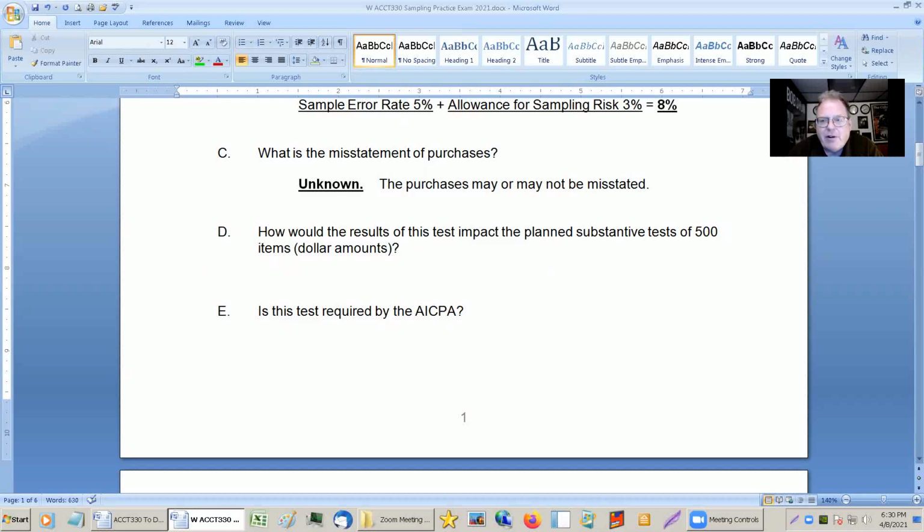So we plan to take 500 items. We find out we can't rely on the internal controls. I'll give you three choices. We could take fewer items, we could take the same amount of items, or we could take more items. So we could take fewer than 500, we could take 500, or we could take more than 500. If we can't rely on the internal controls, what would we probably have to do?